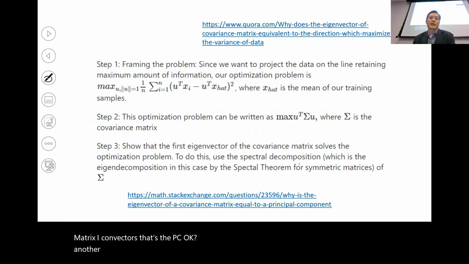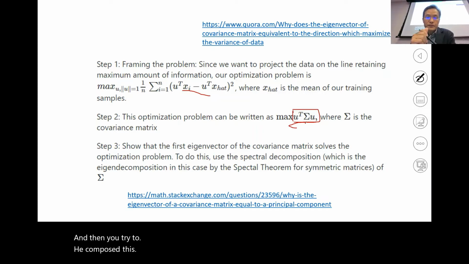Another way to do it is to normalize your data, and then you decompose this covariance matrix, and the largest eigenvalue will correspond to the largest principal component, PC.